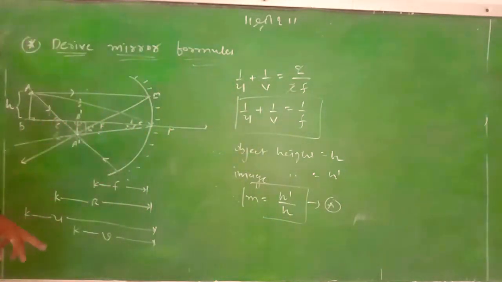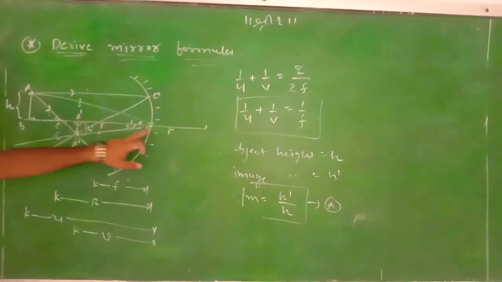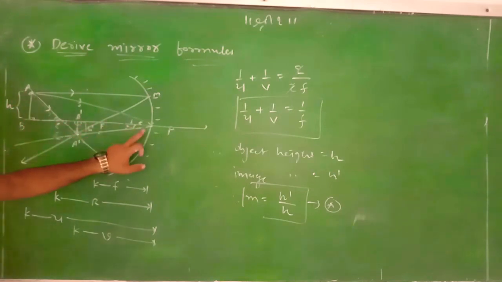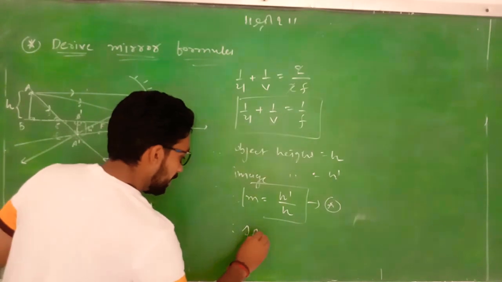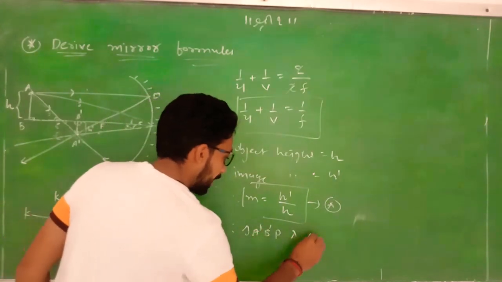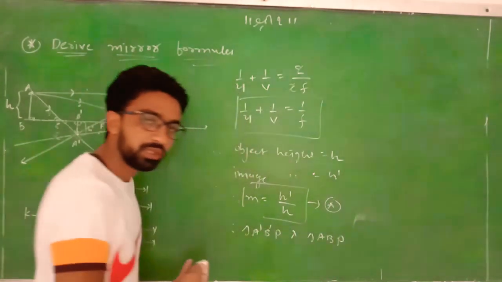Now from the figure you can see we have considered A dash, B dash, P and A, B, P. Triangle A dash B dash P and triangle A B P are similar to each other. We have verified this.